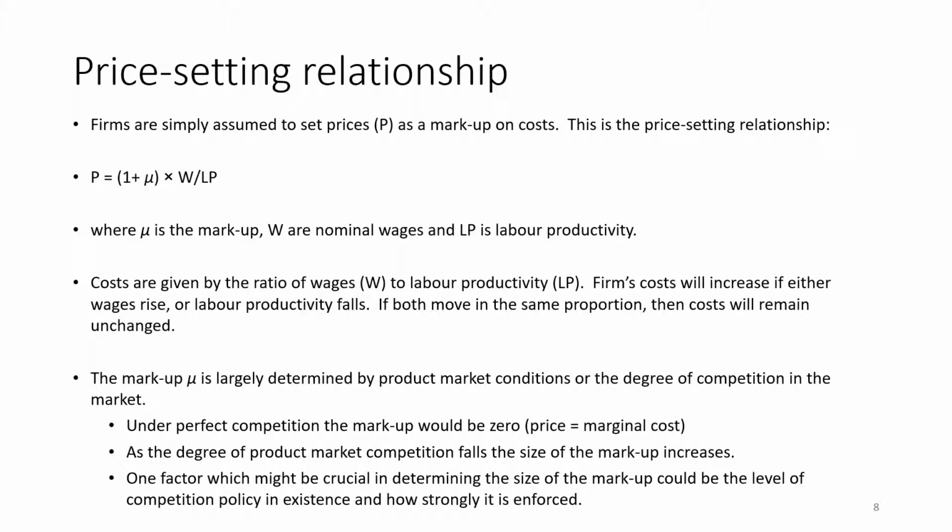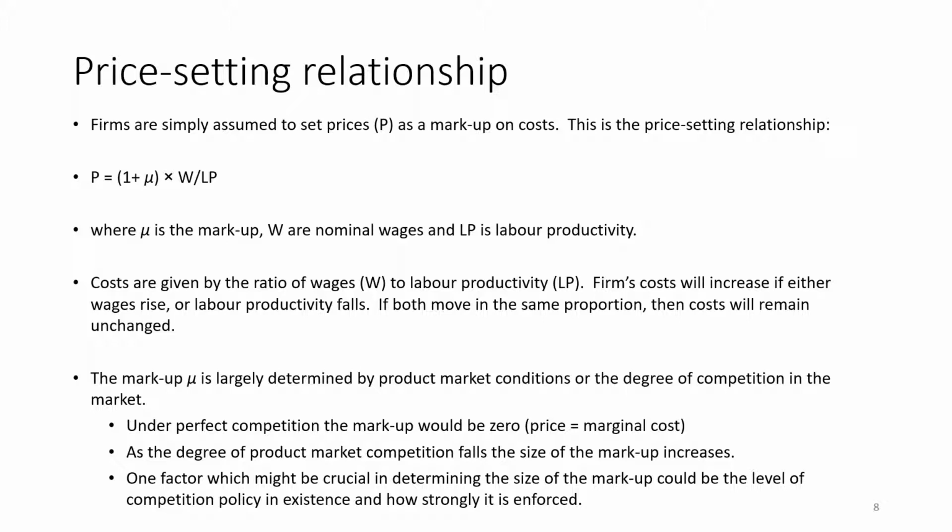The other side of the labour market are firms, and as we said, we assume that these set the level of prices in the economy. Now, prices are just set as a markup over costs, and the size of that markup basically is determined by a parameter I've called mu, and this just reflects the amount of competition in the economy.